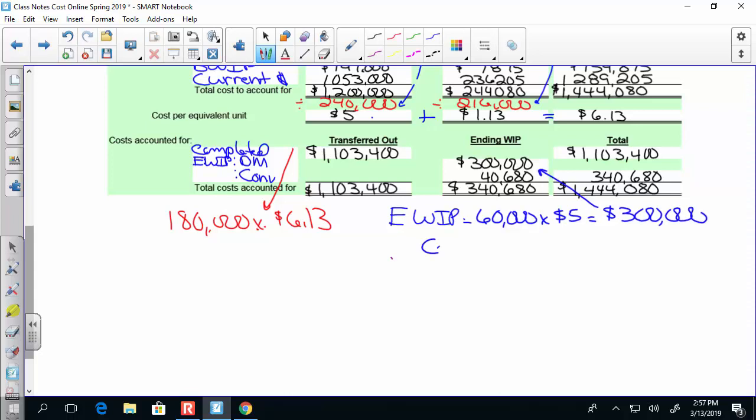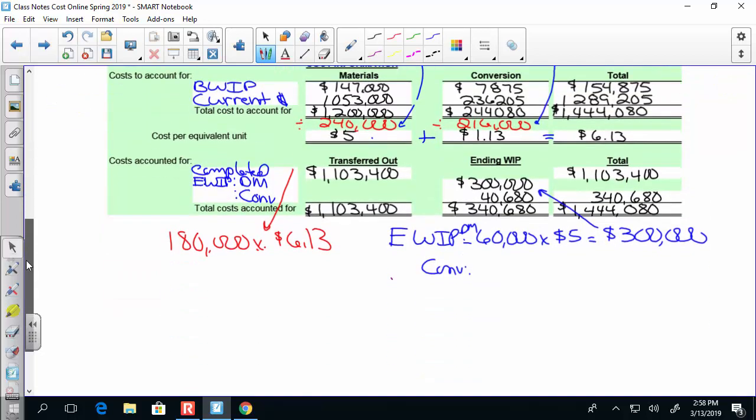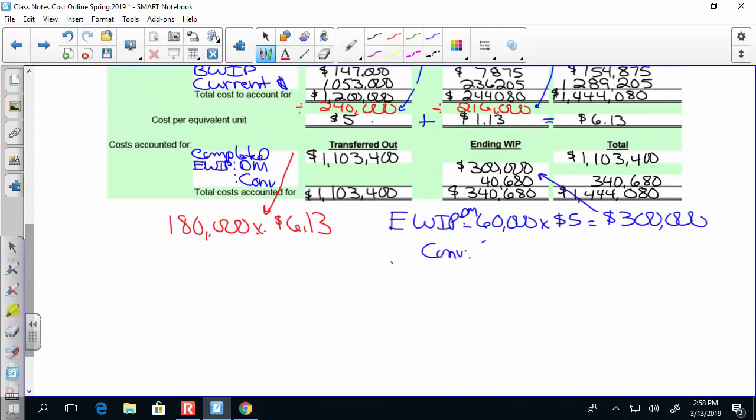And for conversion, the ending WIP conversion, equivalent unit-wise there was 36,000. I take the 36,000 times the conversion cost per equivalent unit of $1.13, and that gives me the 40,680. What remains then is 340,680.